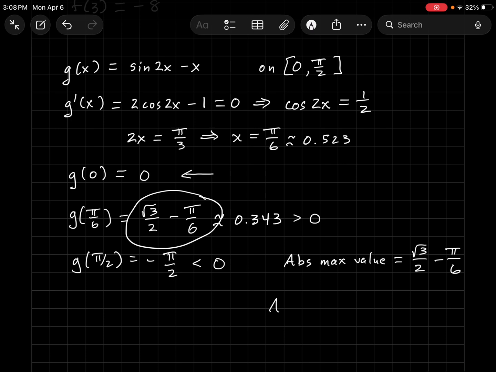And the absolute min value on this closed interval is the only value that's negative, at least of the choices that I have.